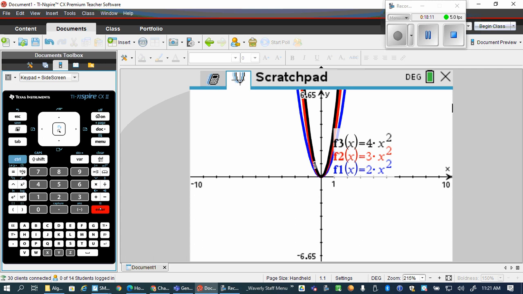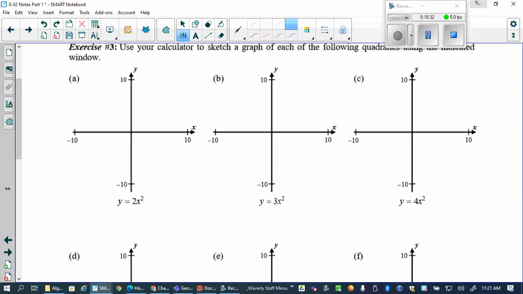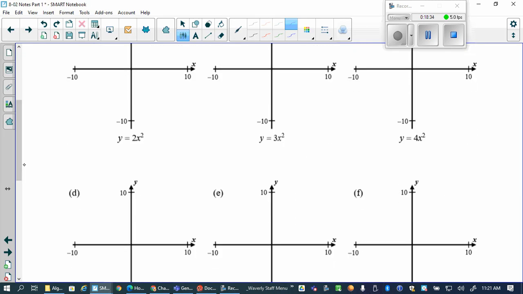When you have a table of values for x squared, and now you take all those output values and multiply them all by 2, it makes those numbers do what? Get bigger, right? So it'll climb faster. So as we increase that a, doesn't it get taller and narrower?